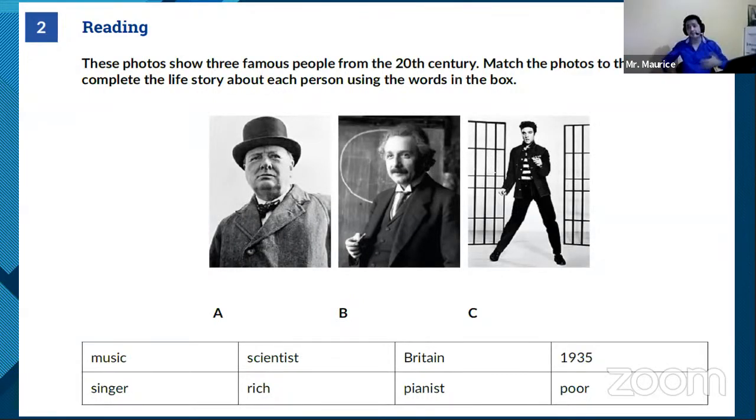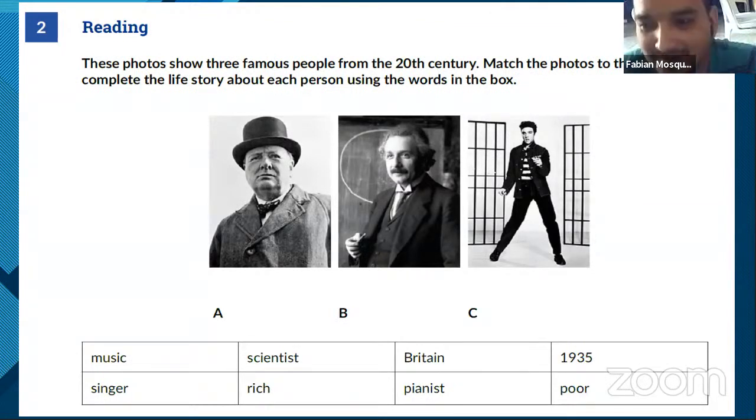Okay, go on, continue. Churchill was born in Britain. Albert Einstein was a scientist. For me, it's good because we practice with the verb to be in past.